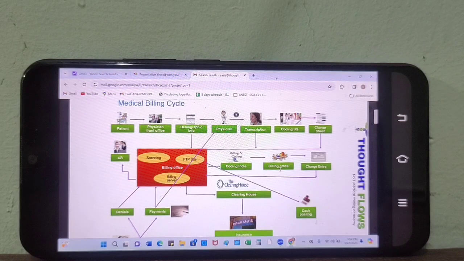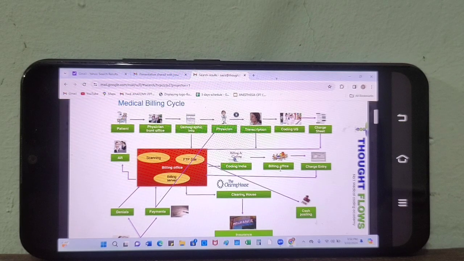The billing section only knows the exact dollar value of each CPT and ICD. Coders do not know that. Coders don't have any idea about the dollar value. So the billing section only knows the dollar value of each ICD and CPT.